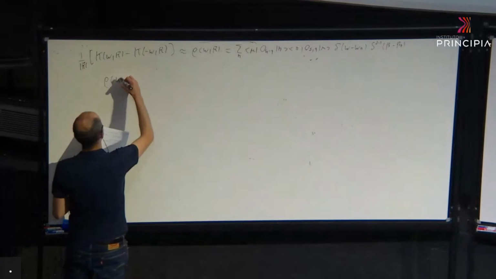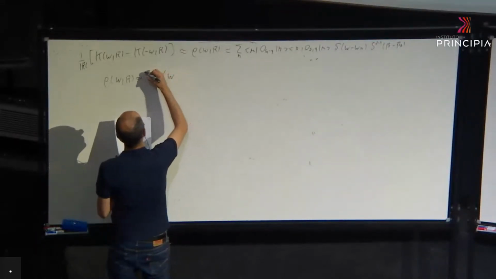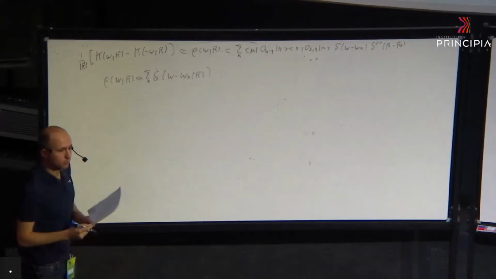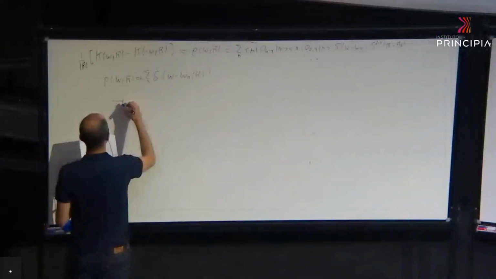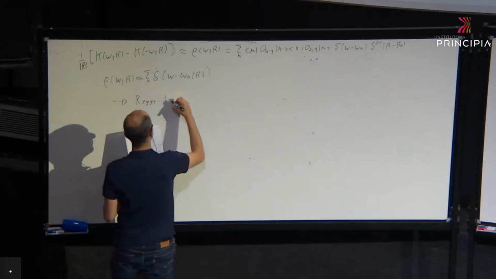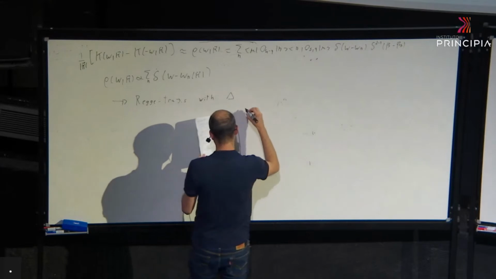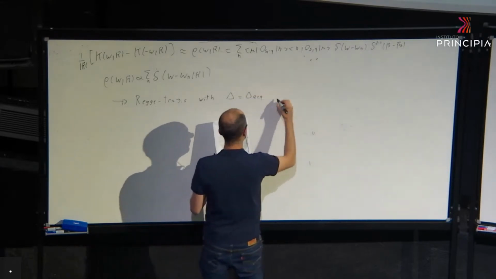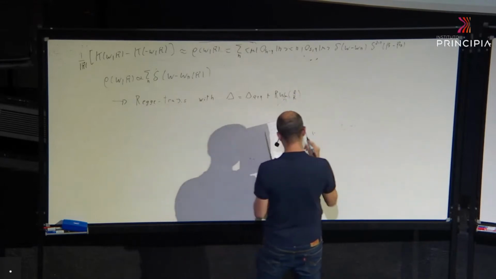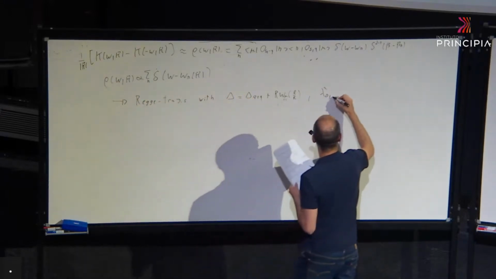If you imagine that rho omega k is dominated by a single particle, a sum over single particle delta functions of omega minus omega of k, where these are dispersion relations that someone gave to you, then you can conclude that there are Regge trajectories with delta equal delta Q plus Q plus R omega mu of L over R, and OPE coefficients, since you need to erase this factor 1 over k, going like L.